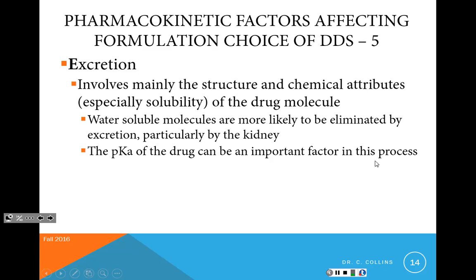Sometimes this might be a conjugation reaction. That conjugation puts this large water soluble group onto the drug molecule, and then it's eliminated. When that happens, especially if the route is in the bile, it dumps it back in the GI tract.